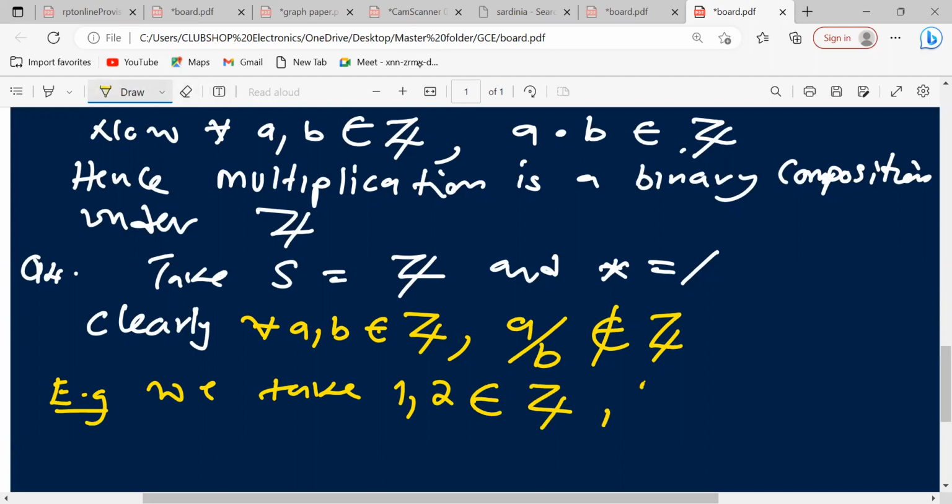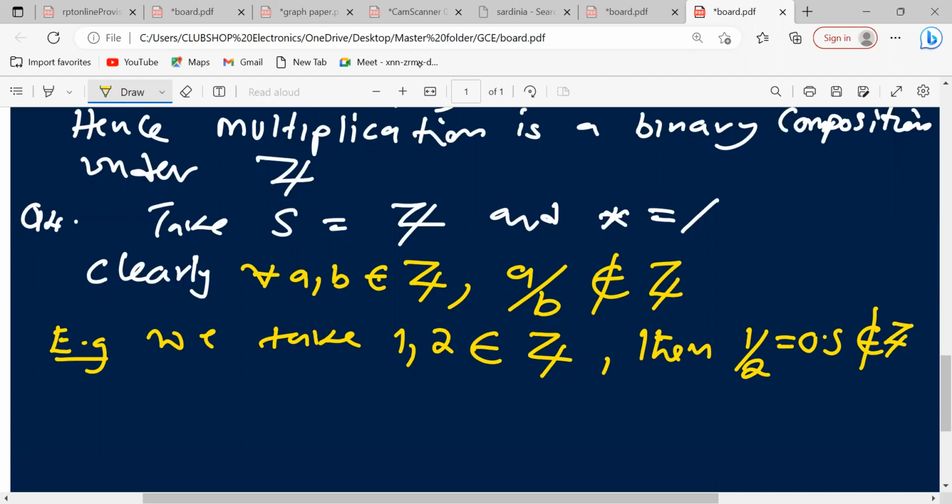Then 1 divided by 2 is equal to 0.5. This is not an integer, right? So when we get two integers, apply division, the answer we are going to get is not an integer.